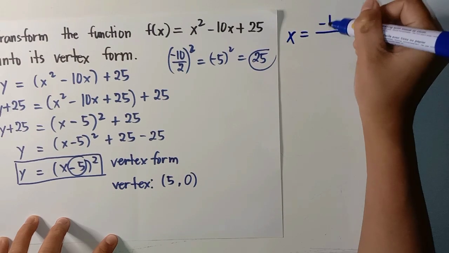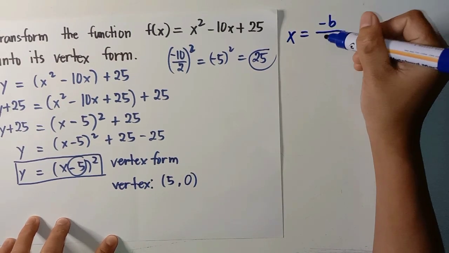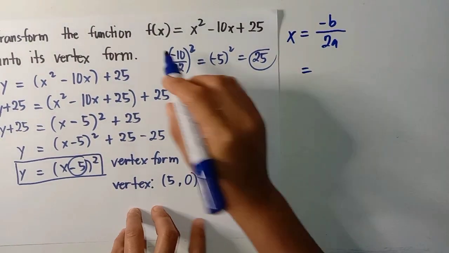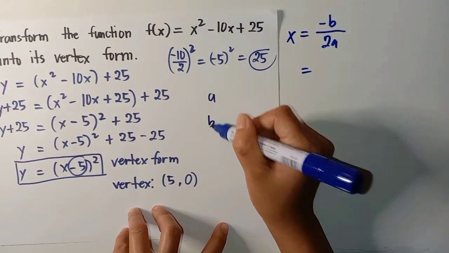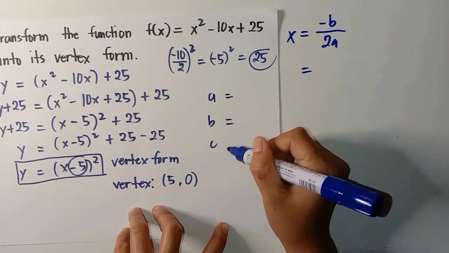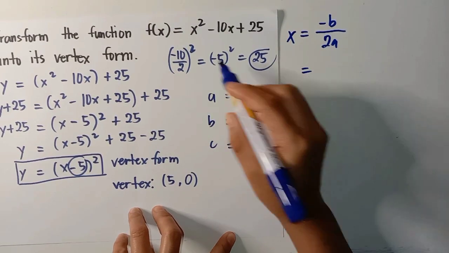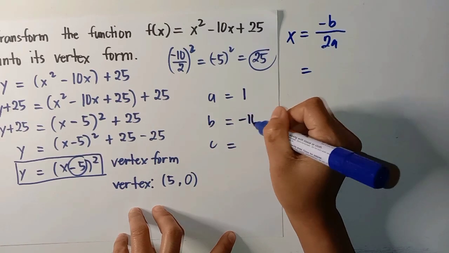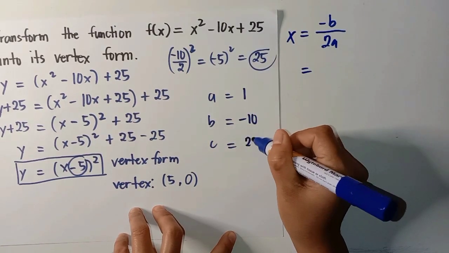So, this formula, x equals negative b over 2a. What are the values of a, here? You will identify the values of A, B, and C. A here is 1, B is negative 10, and C is positive 25.